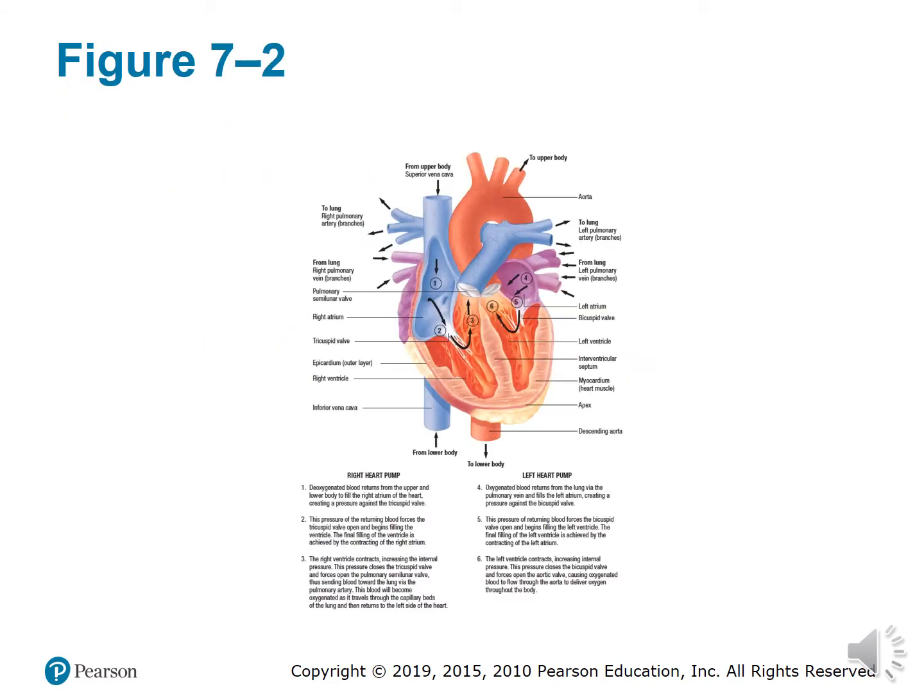And you see the internal anatomy of the heart and path of blood flow. It tells you what's going on the right side of the heart, what's going on the left side. Again, it has everything labeled.